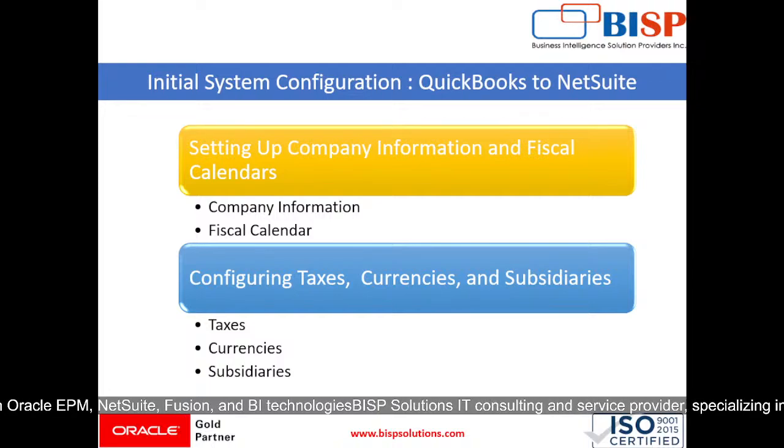Then we will be reviewing tax rules and importing historical tax codes from QuickBooks for continuity. Then currencies, where we will be enabling the multi-currency feature if our business operates in multiple currencies.